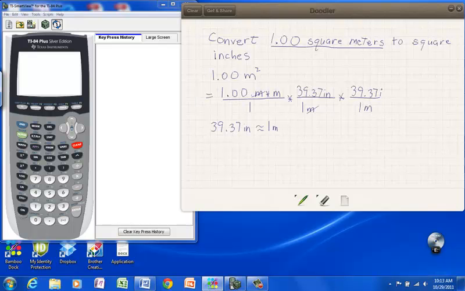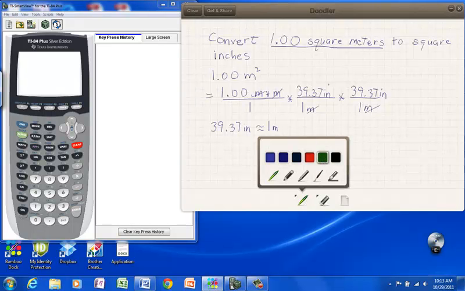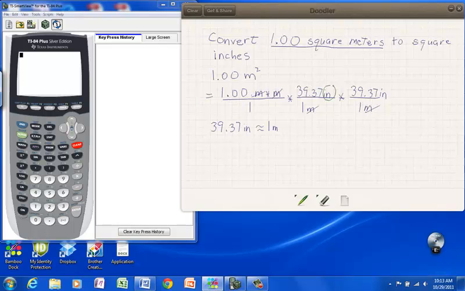Because inches we want to stay in the problem. The meters will cancel. And if I look at the problem now, there's inches in this fraction, and there's inches in this fraction, which is very good because I have inches times inches. Another way to write that is inches squared, which is what our goal was, to get to square inches.